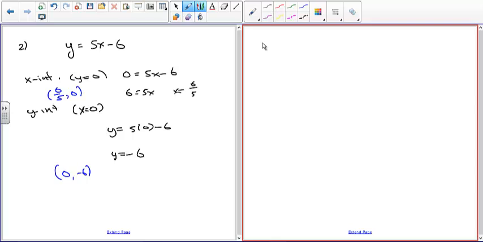Now for the second kind of problem, we have a square root. You can still do the same thing. The x-intercept is when y equals 0, so let's do that first so we have enough space. You set y equal to 0.